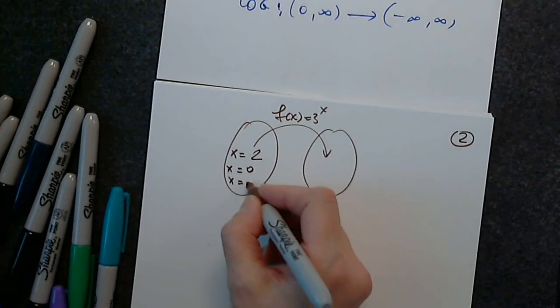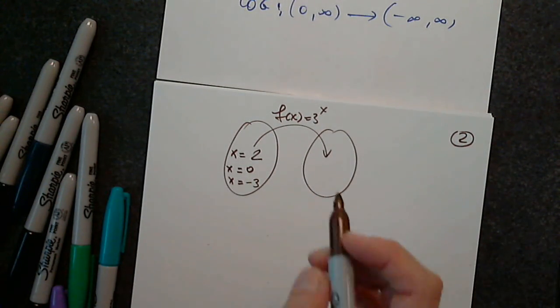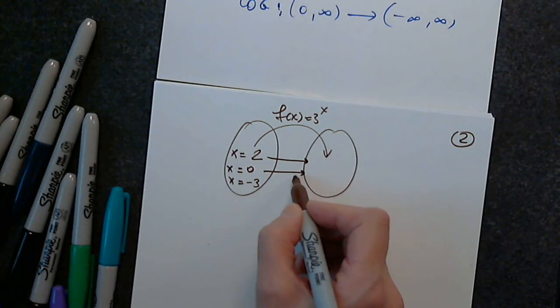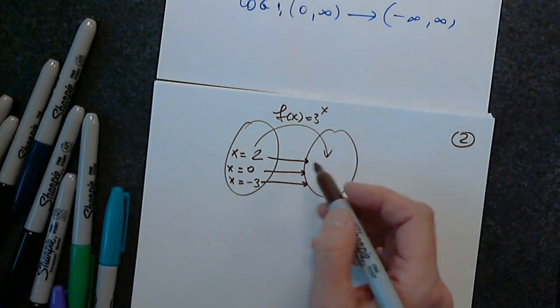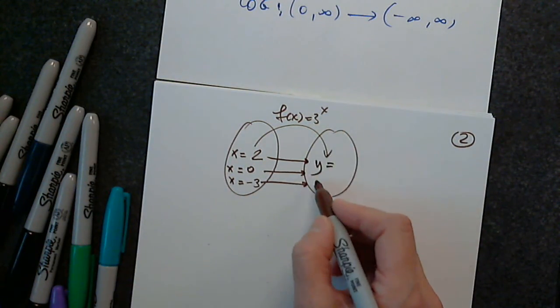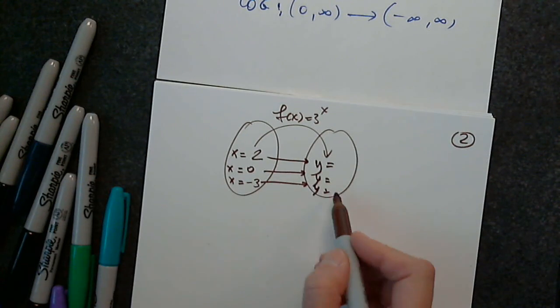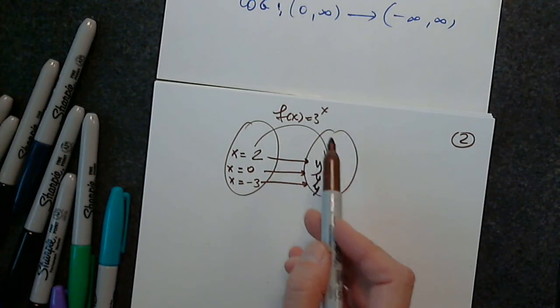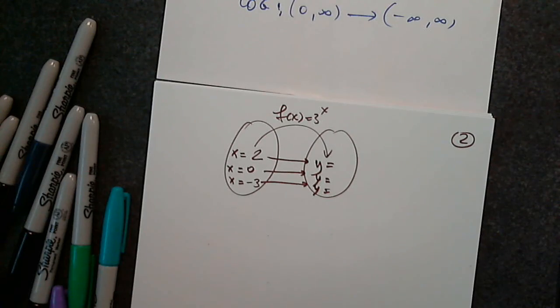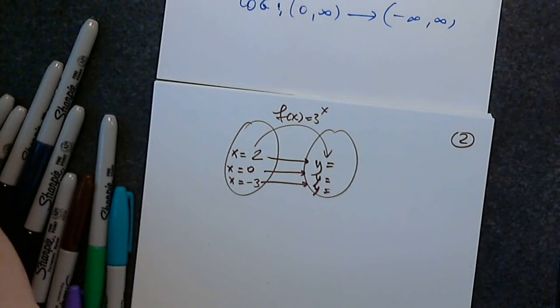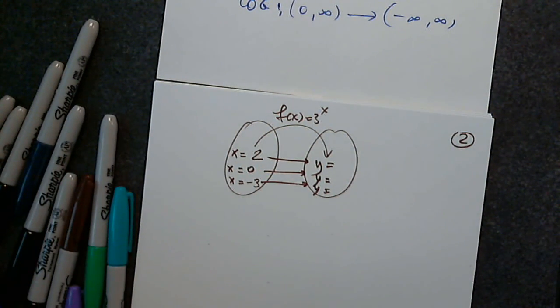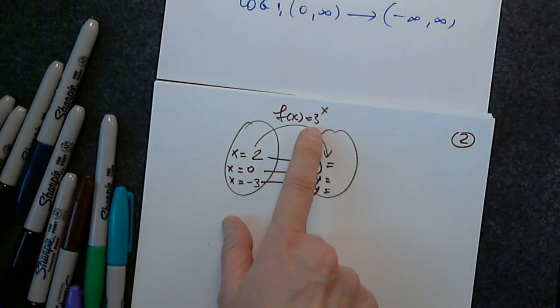Okay. Let's say negative 3. Okay. Can anyone give us the y values corresponding to the function, corresponding to this y equals? So when x is 2, what do we get for y? But we chose x. And the function is 3 to the x.